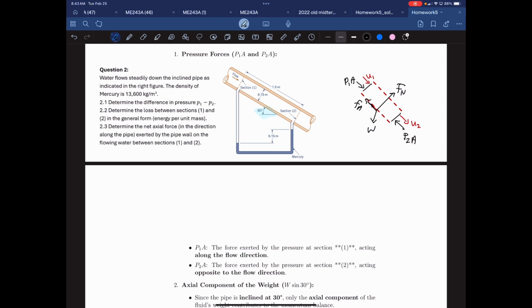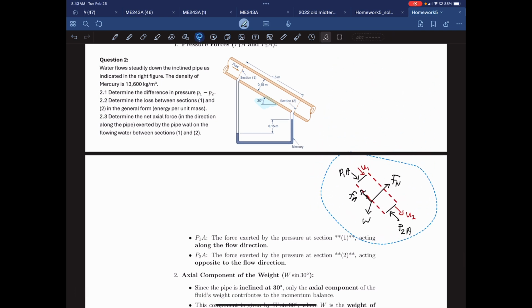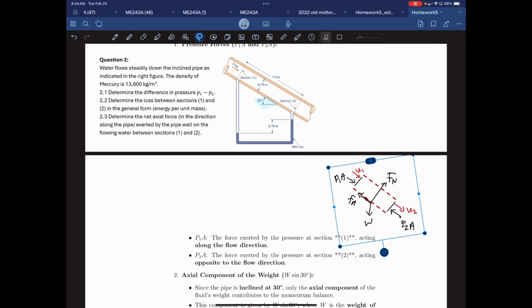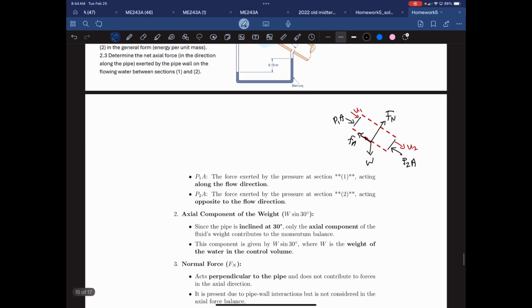Okay? And that's what the schematic is trying to show. I can move it. So this W would be this component.